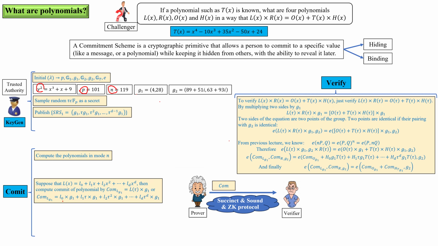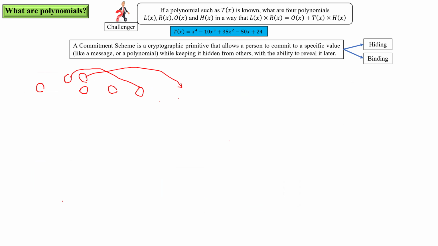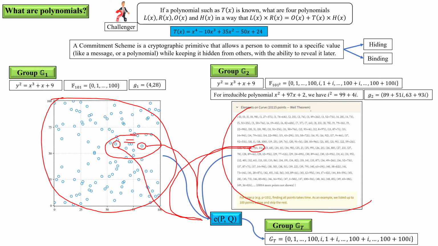So we have two groups here, the group G1 with generator of G1, 4 and 28, and group G2 with the generator of G2, right? So these were the groups. Group G1 with the first generator and group G2 with this generator.